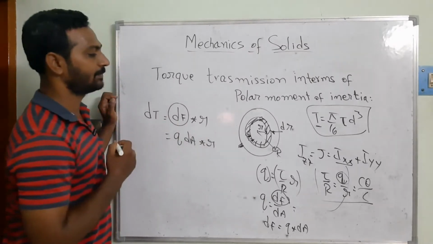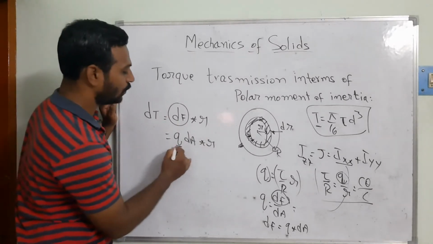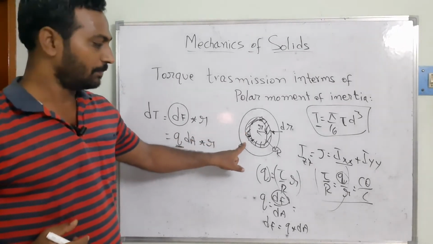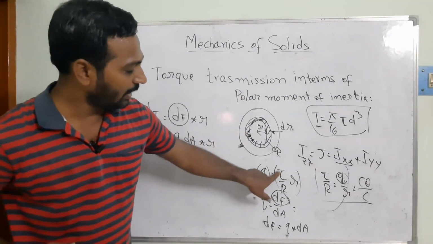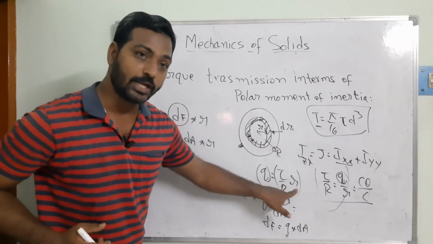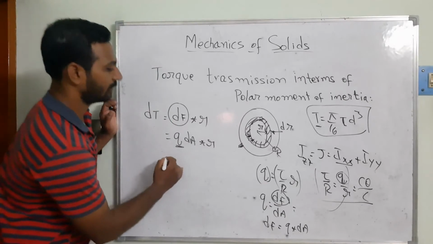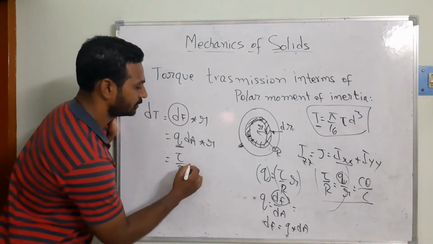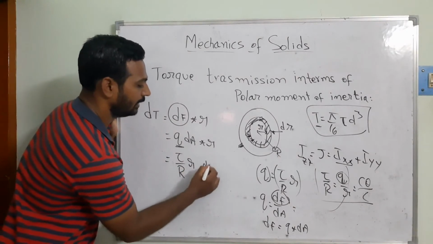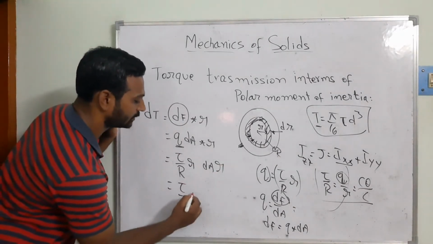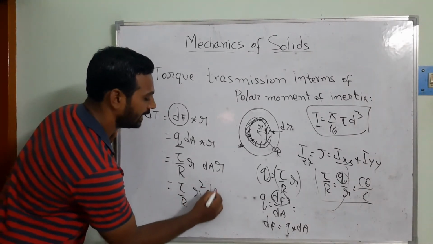What is q? It is the shear stress existing on your elemental strip, which I can write in terms of the maximum shear stress, the outer radius and the location of the elemental ring: tau by capital R into small r, dA into r. From this, tau by R into r squared dA.